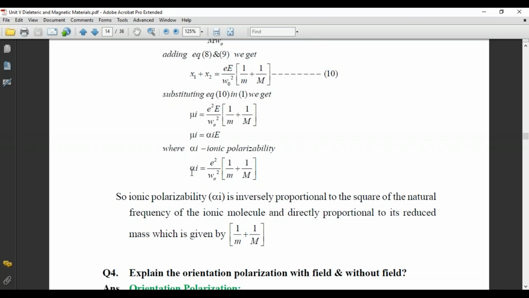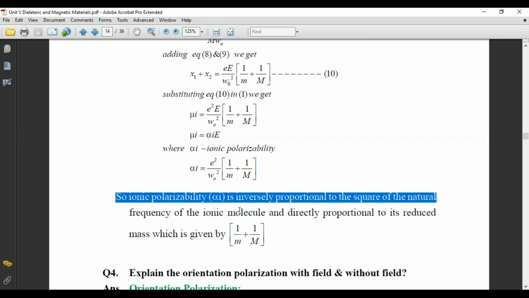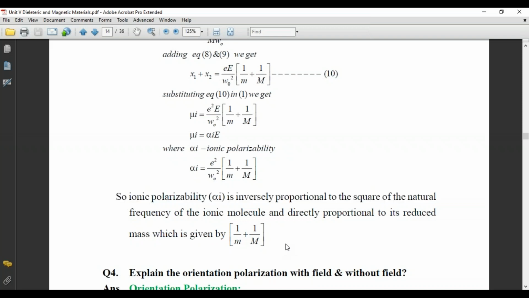So this is the final equation for the ionic polarizability. That means ionic polarizability is inversely proportional to the square of the natural frequency of the ionic molecule and directly proportional to the reduced mass, given by 1 by m plus 1 by M. These are the factors which influence the ionic polarizability.